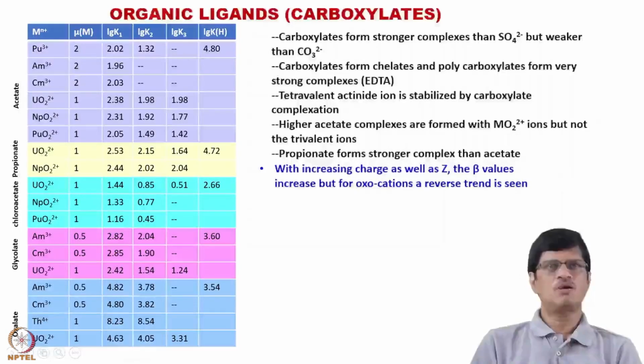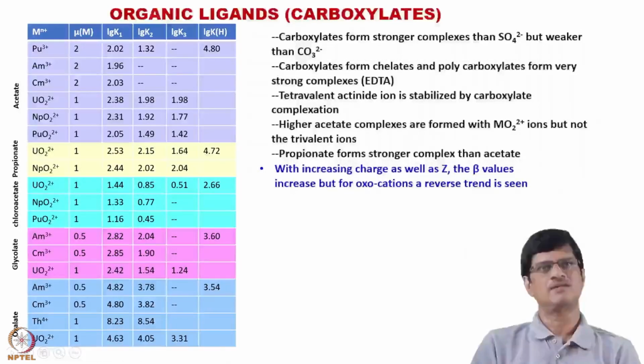So that is how we can compare the complexation of the actinides with their basicity. Now coming to the trivalent actinide ions like plutonium 3+, americium 3+, curium 3+, berkelium 3+, and californium 3+ with the acetate ion. As you can see, there is a steady increase in the complex formation constants when you go in this series, that is with increasing Z, the complex formation constants increase. But there is also an ionic strength effect, but that is not that significant.